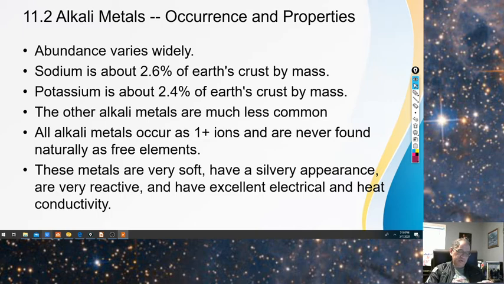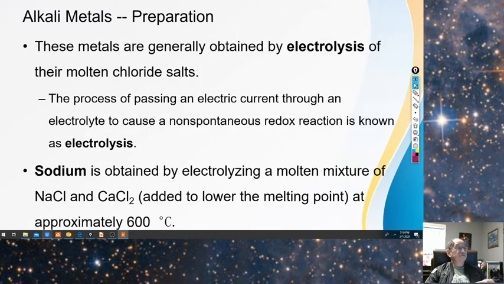This test is going to be harder for me to write. As free elements. Okay. These metals are generally obtained by electrolysis. Know what electrolysis is.